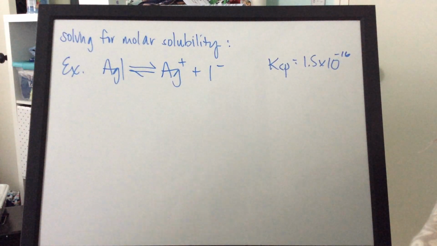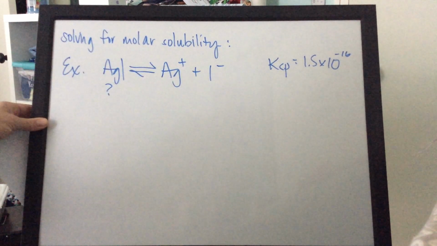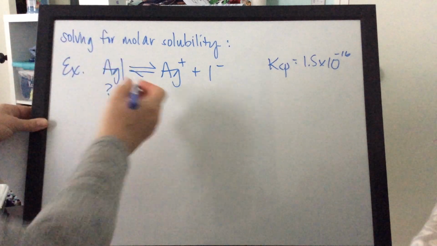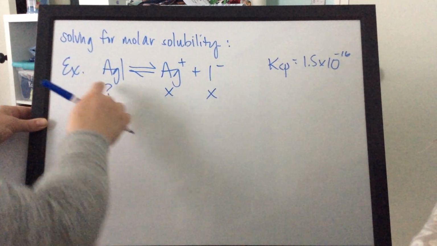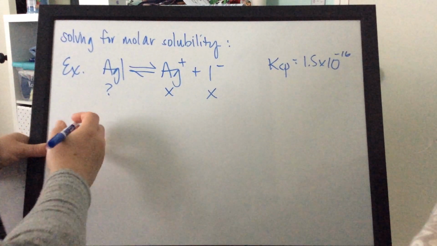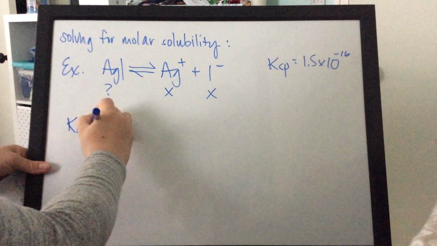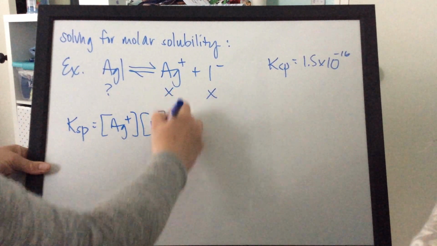So I can do what I just did and say, if I'm looking for the molar solubility of silver iodide, I know that I'm going to get some quantity of silver and the same quantity of iodide, because it's all 1-to-1 in this case. So I can write my Ksp expression, which would be the concentration of the silver times the concentration of the iodide.